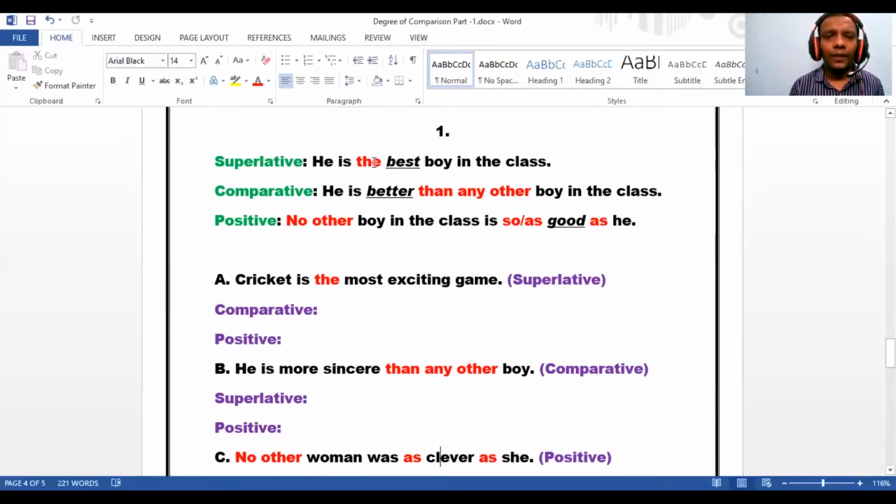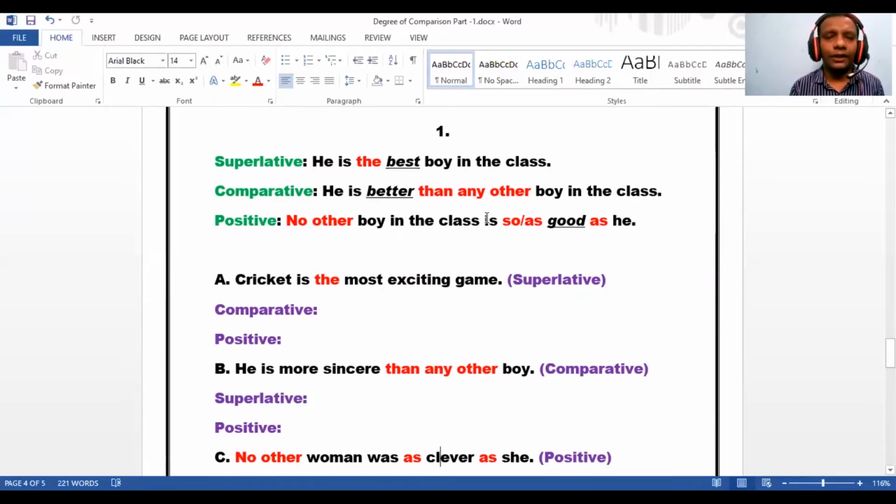So when it is superlative and we make it comparative, we have to use subject, then verb, then best will be the comparative form, better, and after comparative we have to use than any other. And the rest of the part of the superlative form, boy in the class, we have to write. And in positive, we have to use at first no other. And then after that, we have boy in the class.